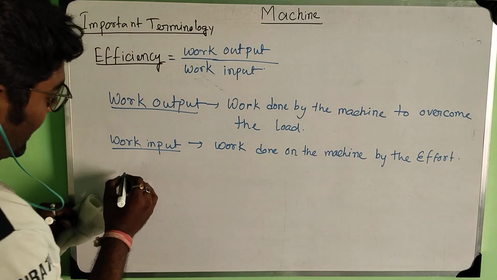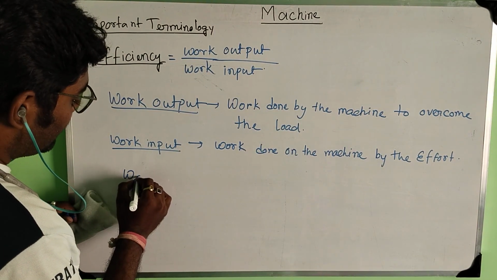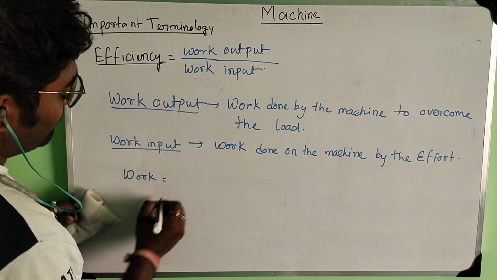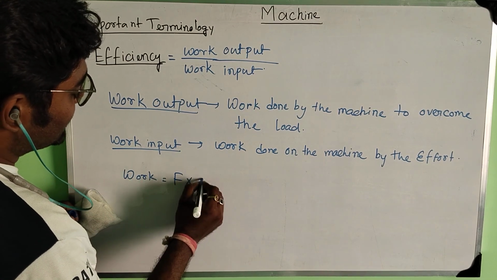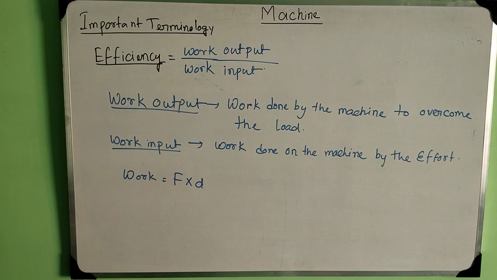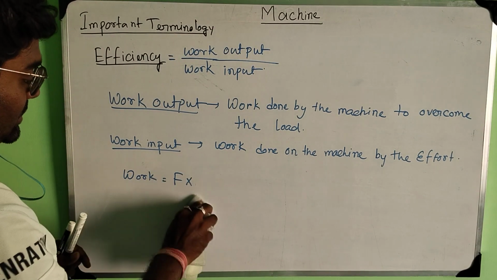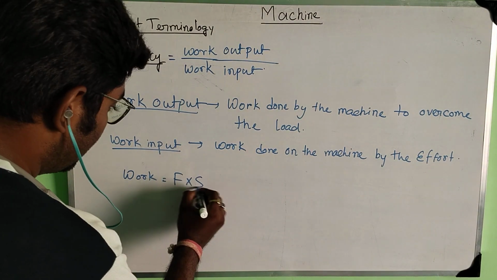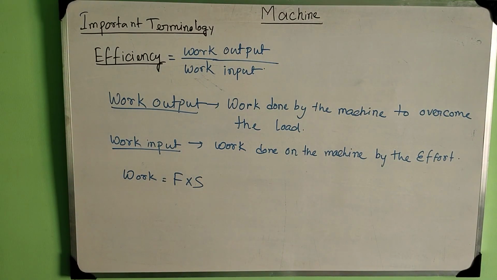Now what is the formula of work done? We have already learned in the second chapter that work done is force into displacement.